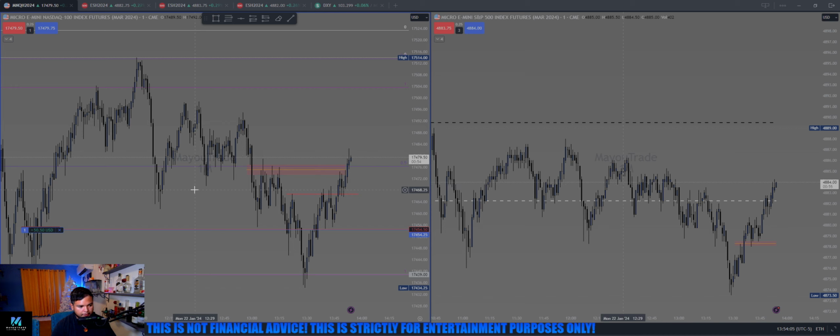So we finally broke this high now. If it wants to reject, this is the time, right? But see, this is why the way that price action moves is important. I really like this drive up. So I want it to really push higher and try to hit this as quick as possible.